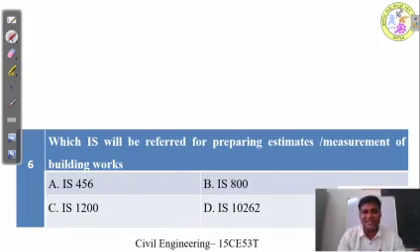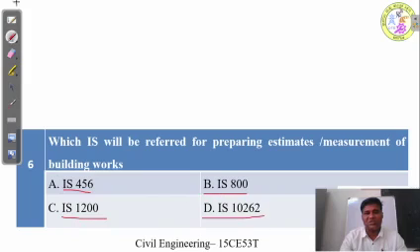There is one Indian standard that could be referred while preparing the estimates regarding how to take the quantities, the tolerances and the deductions. Is it A, IS 456, B, IS 800, C, IS 1200, or D, IS 10262? The right answer is C, IS 1200 is the IS we refer for measurement of building works.